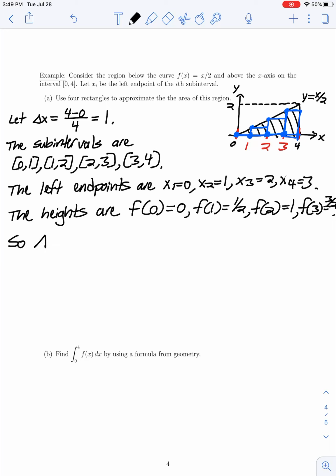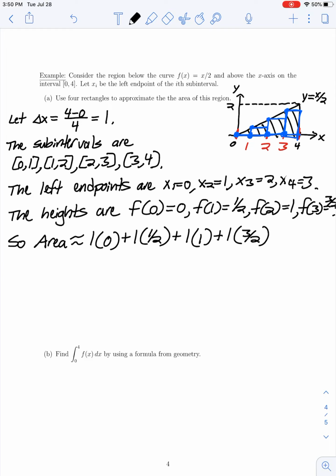So here, that area is approximated by taking the width of our first rectangle, which was 1, times its height, 0, plus the base of the second rectangle, which was 1 times its height, 1/2, plus the base of the third rectangle, 1 times its height, which was 1, plus the base of the fourth rectangle, which was 1, times its height, 3/2.